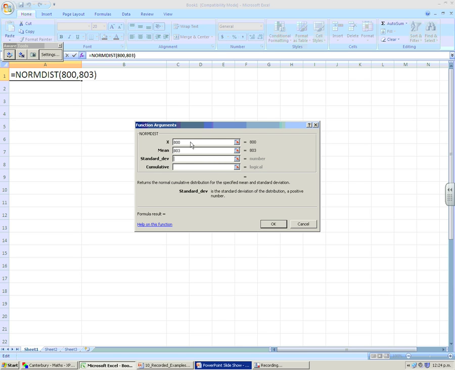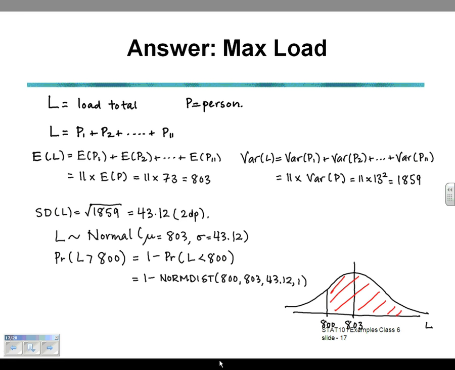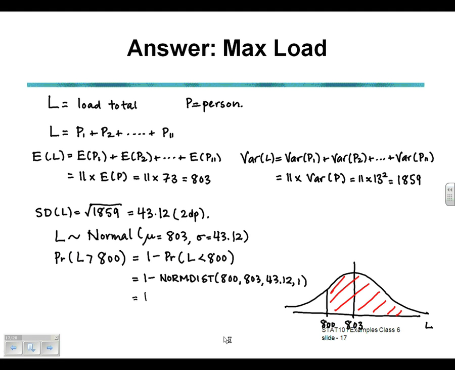The standard deviation to 2 decimal places we had was 43.12, and 1 for cumulative will give us the area up to that point. And we'll use there 0.4723 to 4 decimal places. So here we're writing equals 1 minus 0.4723, and that comes out to be 0.5277.